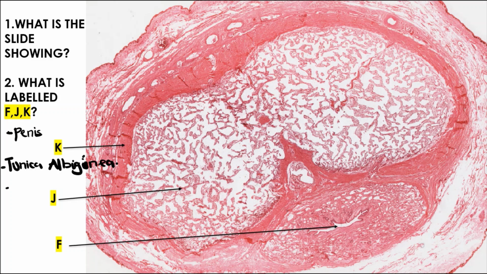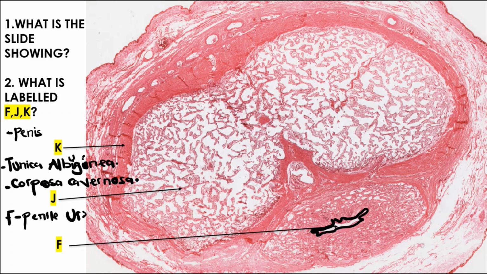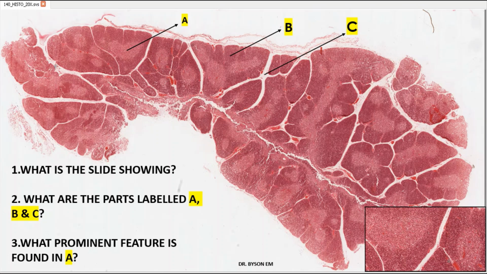And then J is a muscle that is called the corpus cavernosum, corpus cavernosa. And then the F, see where F is. This structure here is the penile urethra.